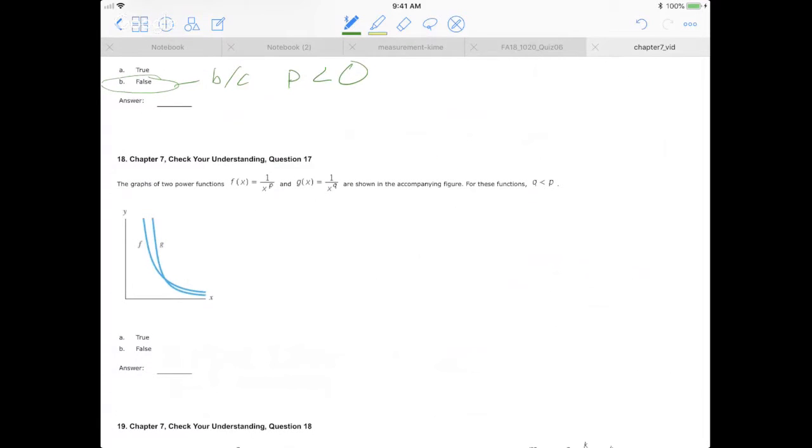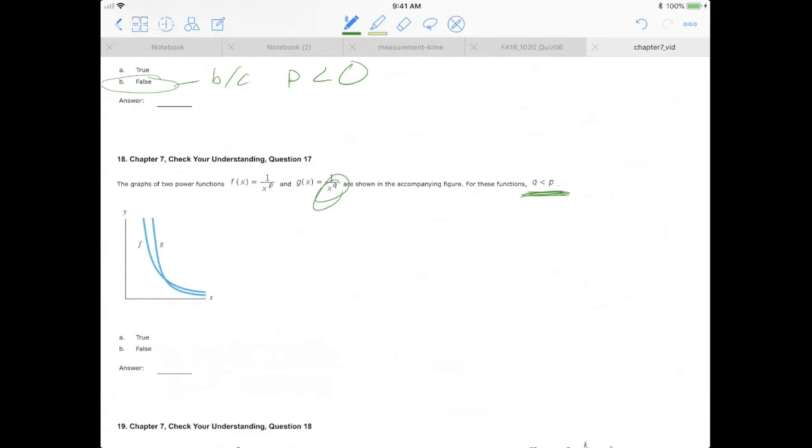Okay. So here we have 2 decreasing power functions, so 2 inversely proportional functions, right? And for these functions, q is less than p. And we're supposed to say true or false. If q is less than p, then g will decrease less than f does, right?